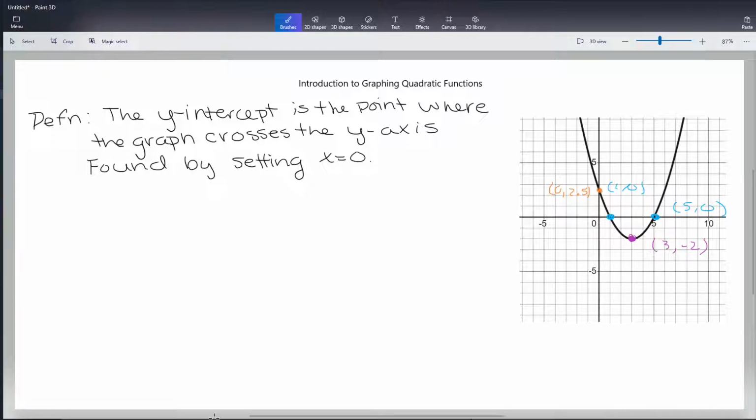So we can see it here on our example at the point (0, 2.5).